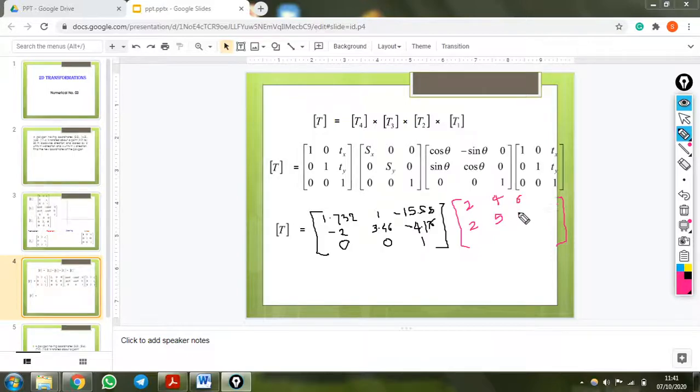The last row should be 1, 1, 1, 1. If you do this multiplication, you will get the final coordinates of these points. By default, the last row will come as 1, 1, 1, 1.